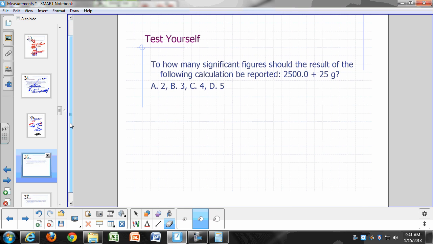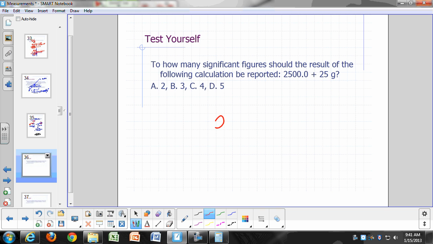Okay, here's a few clicker questions. A few questions you can use to test yourself. To how many significant figures should the result of the following calculation be reported? 2500.0 plus 25 grams. So this is addition.